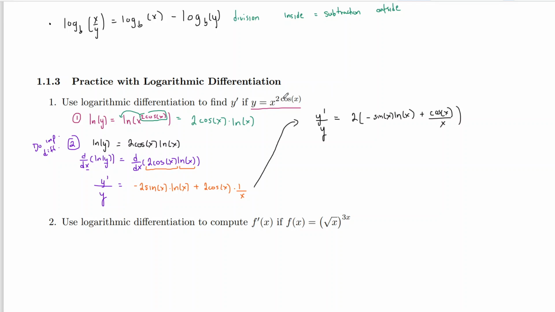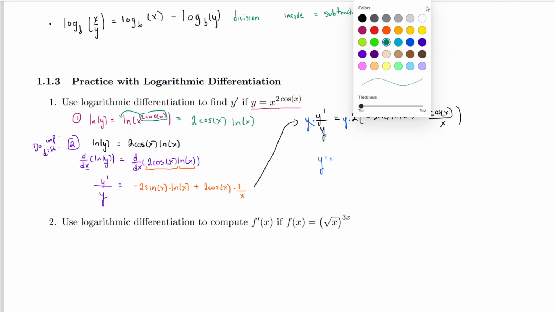And now it doesn't really look like we're even close to done, because we want to get y prime by itself, and we still have this y. Well, we can multiply each side by y now to get y prime by itself. I'll go ahead and multiply it in the front just so I can leave it out front. And we get y prime equals y times 2 times all of this. Well, we have a formula for what y is. It's x to the 2 cosine of x. Why is that helpful?